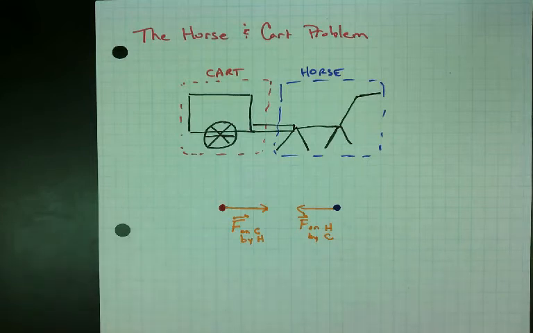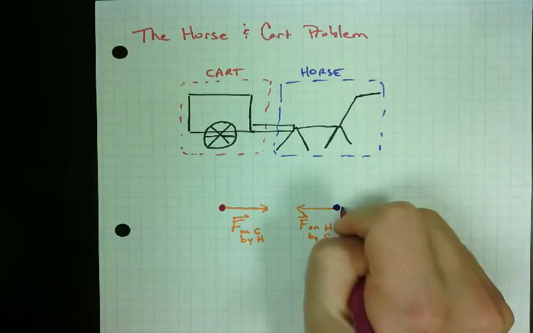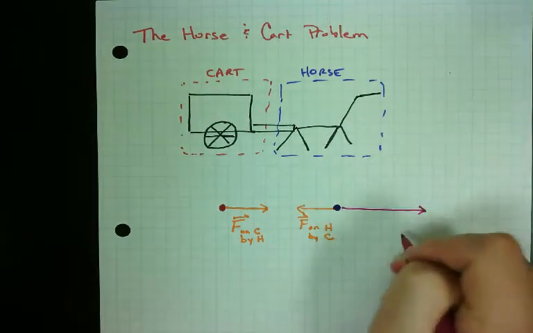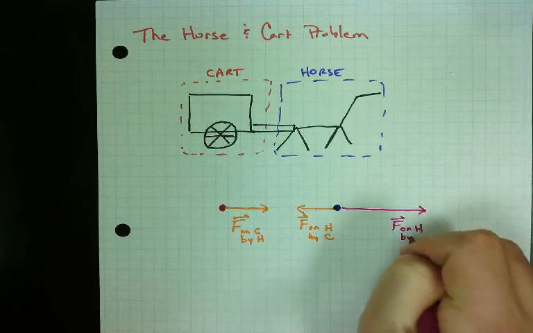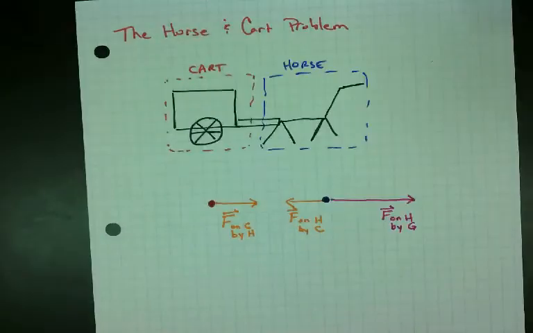All right, but then you might have the follow-up question, which is, why doesn't this horse go backwards? Well, this horse doesn't go backwards because the horse's hooves are pushing against the ground. And so we now have a bigger force here that I'm going to call the force on the horse by the ground, right?